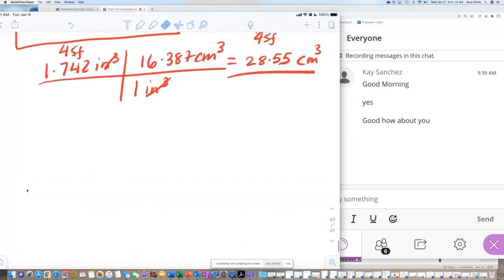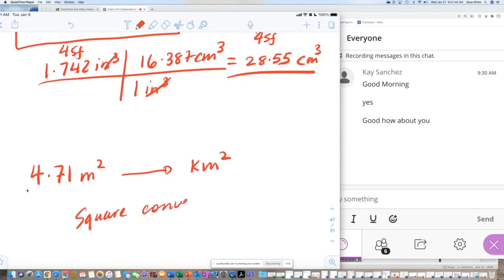Since y'all are not really asking a whole lot of questions, if you have, say, 4.71, just making up a number, and you have meters squared, and you're asked to get kilometers squared, since you have squared, you want to find the conversions between meters and kilometers, and then just go ahead and square those. So square the conversion factors.